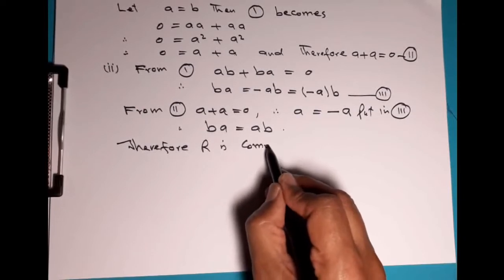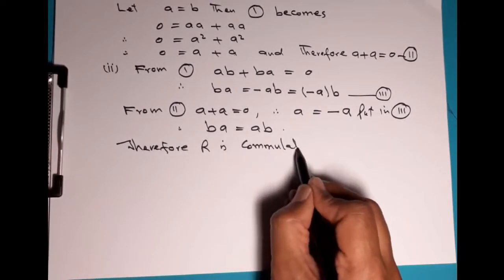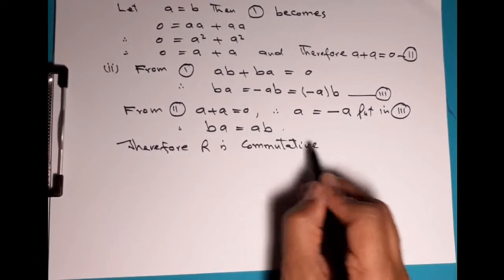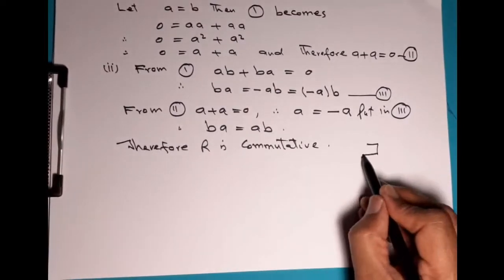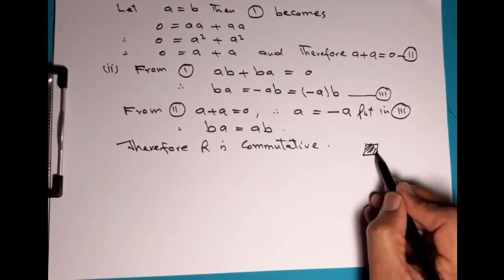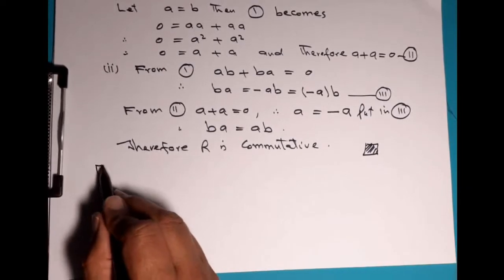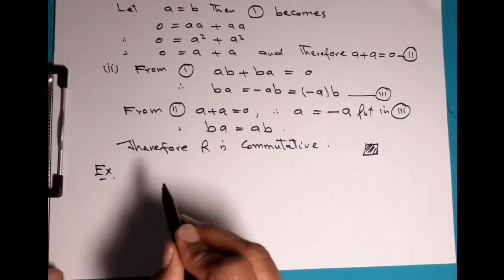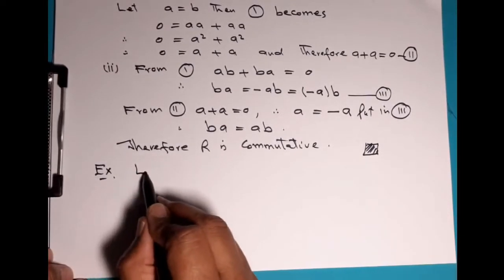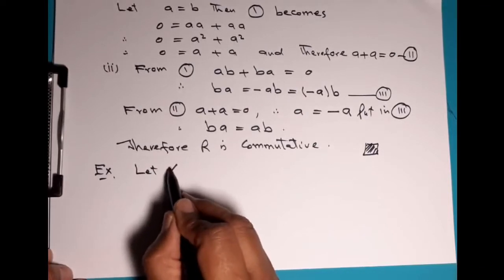So a Boolean ring is always commutative. Let's see an example of a Boolean ring. Let X be a non-empty set.